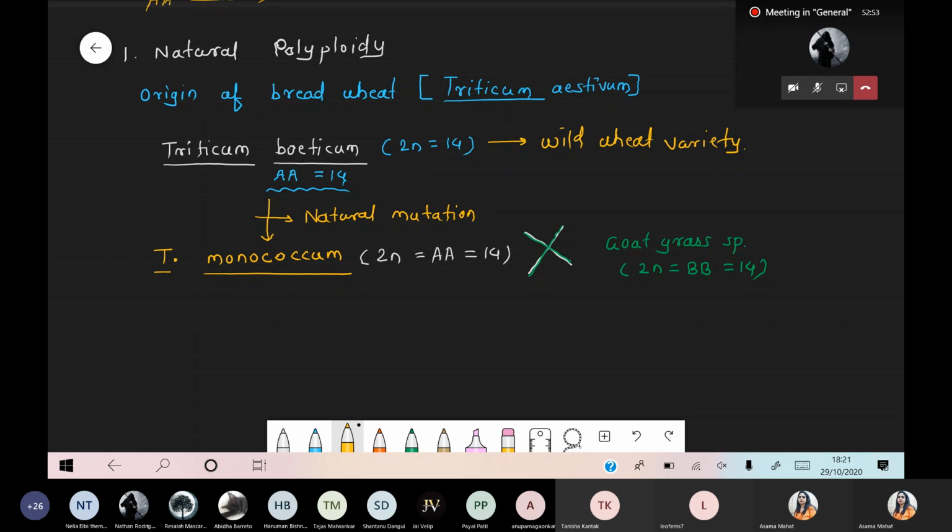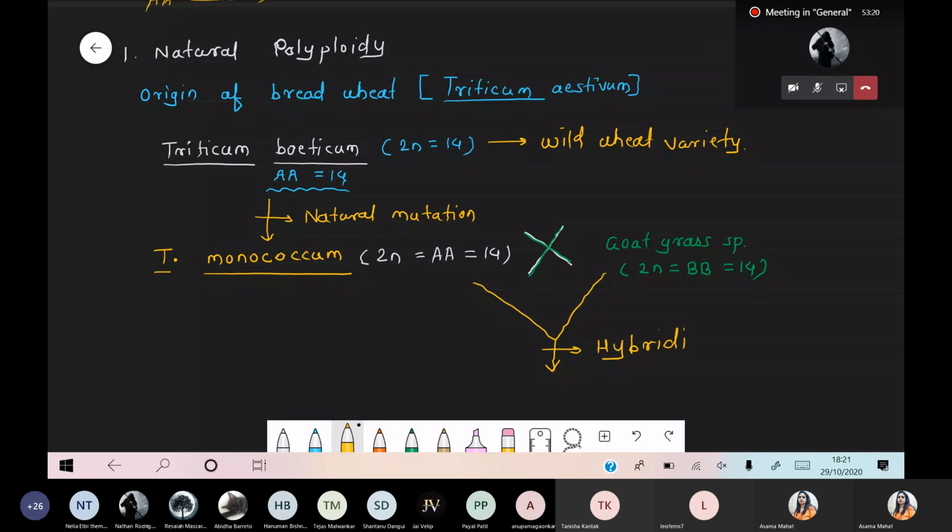So now what happened? This wheat variety having capital A at diploid condition, total 14 chromosomes, crossed with the goat grass species, because wheat is a monocot, grass is also a monocot, with 14 chromosomes. But now, because of such a cross, hybridization happened. Between these, a process can occur, that is hybridization.